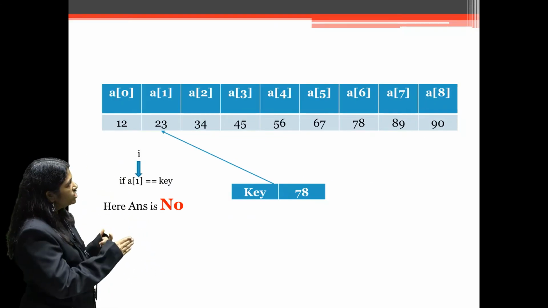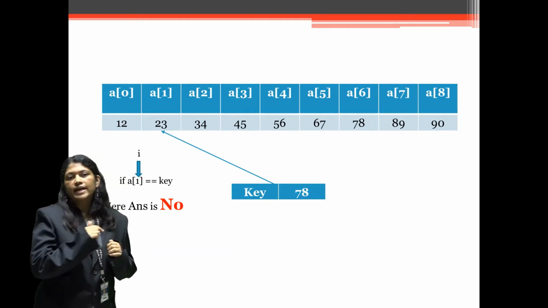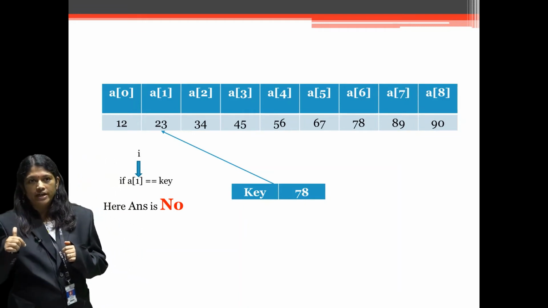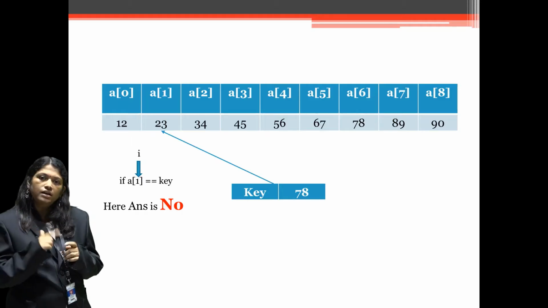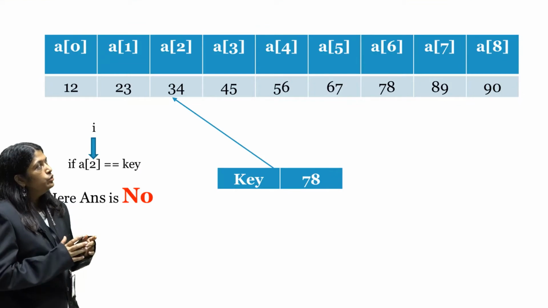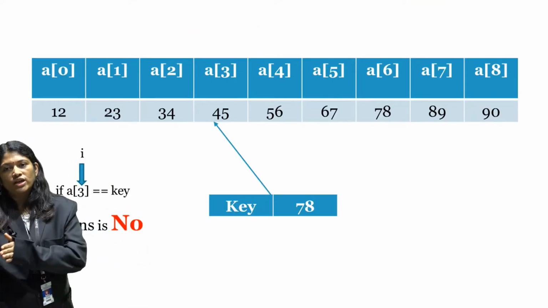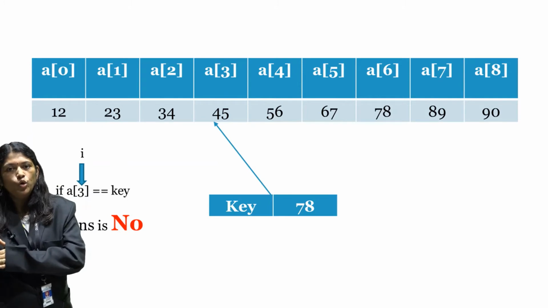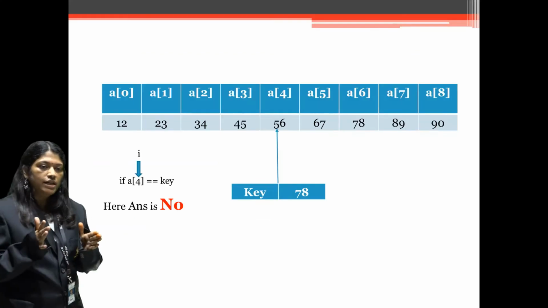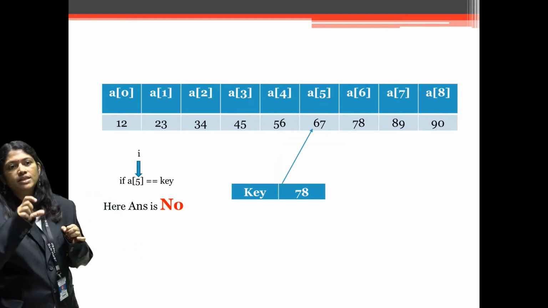What is the next location of your array? A[1]. A[1] is again compared with 78, the key element. Again the answer is no. Like that you go from the 0th location of your array to the next location, up to A[6]. At the A[6] location there is your number, 78.